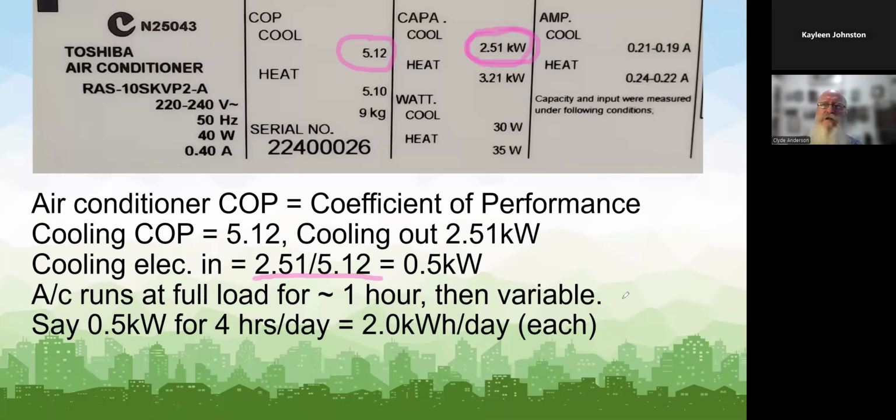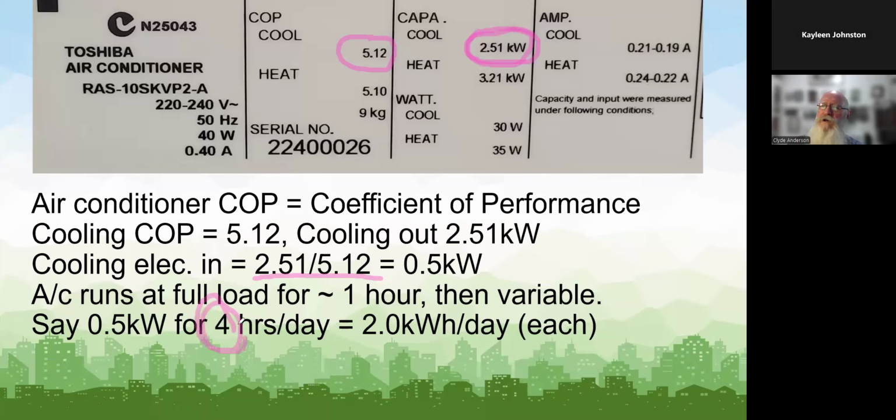You have an inverter that varies the speed of the motor, and as a result it uses lower power at part load for most of the time once it's got down to the set temperature.